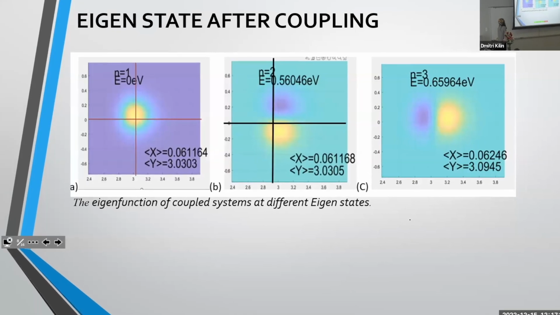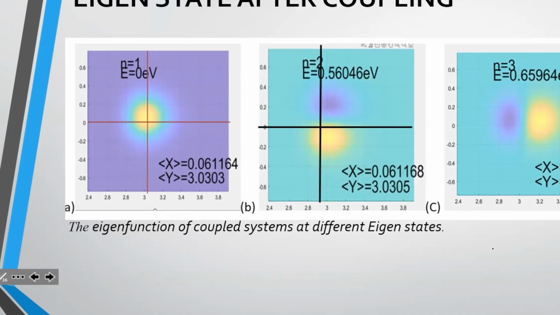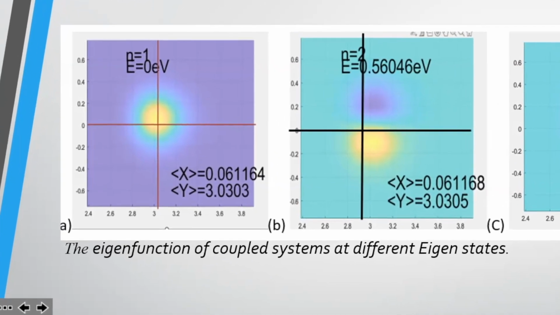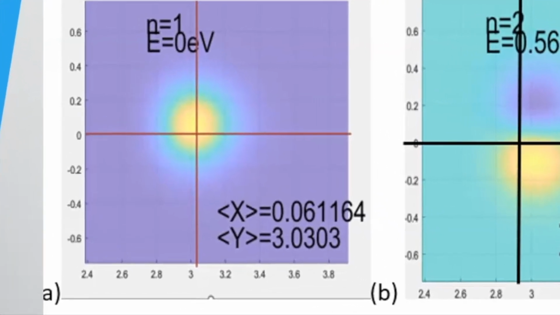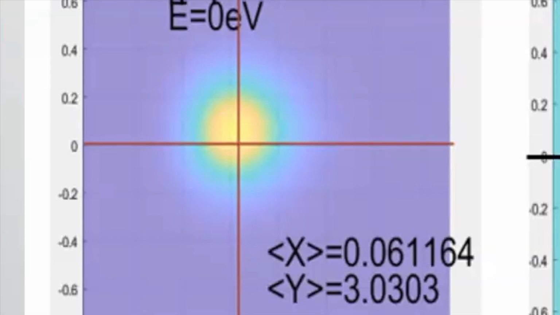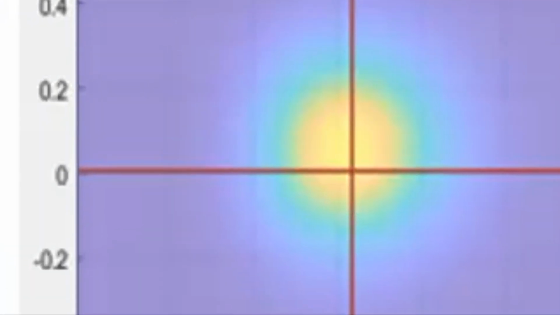After coupling, we noticed that the middle of the wave function shifted from the previous equilibrium position to a new position here. We could see that the equilibrium position is no longer here, but shifted somewhere a little bit here for both systems.